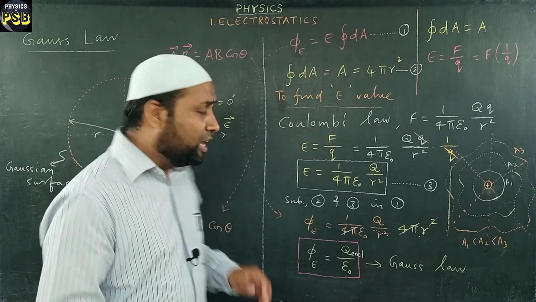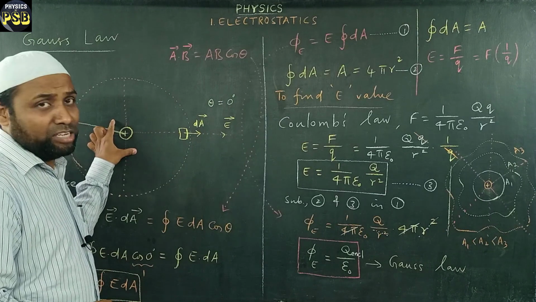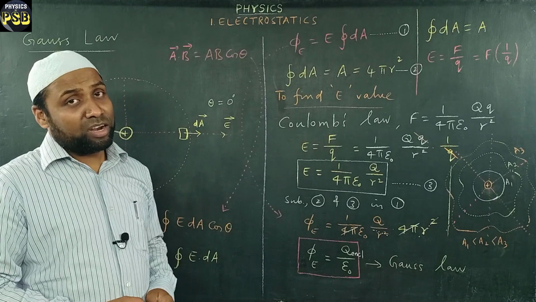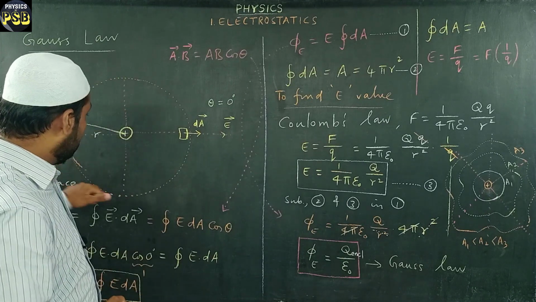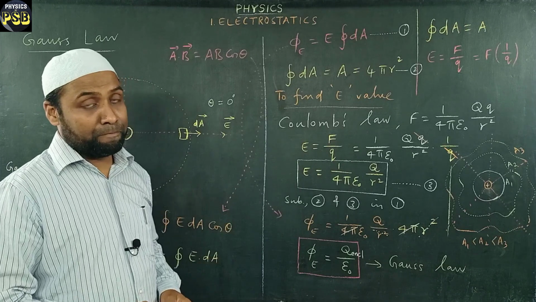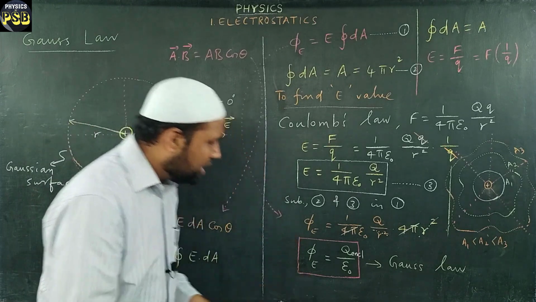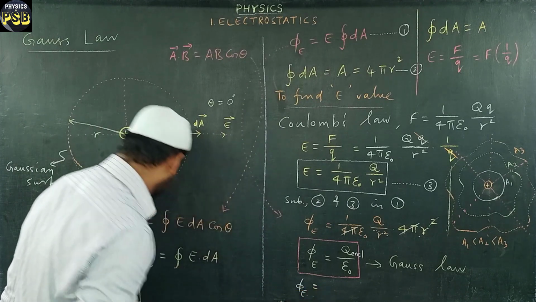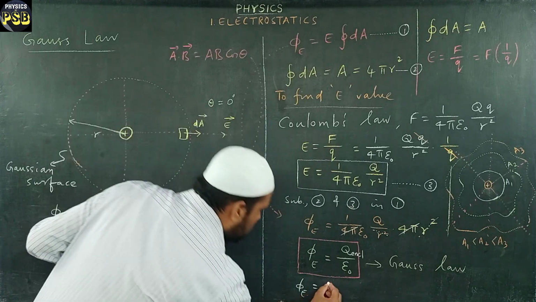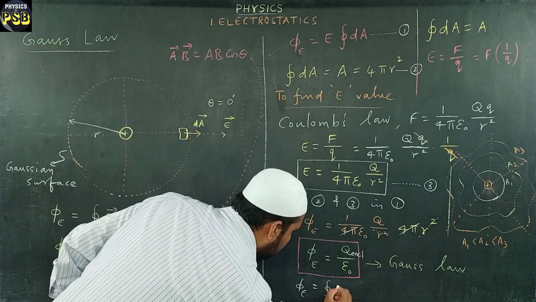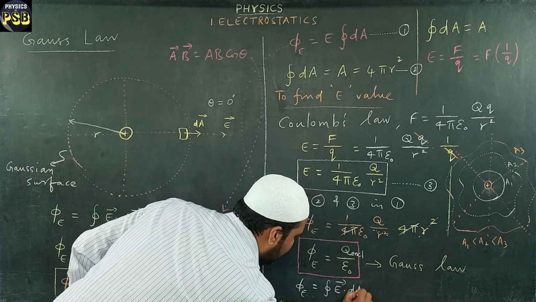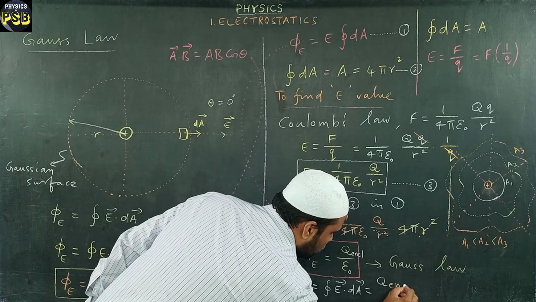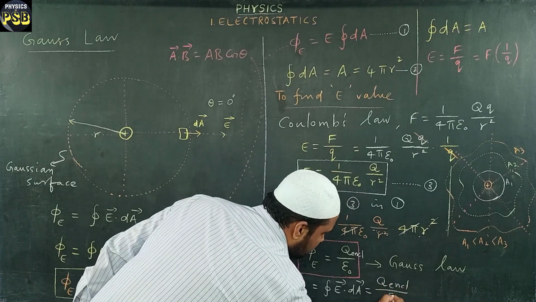So if I replace this charge with something else which is not spherical in shape, then the shape of the closed surface may vary. Now I rewrite the Gauss law something like this. 5E equals closed integral of E vector dot dA vector equals enclosed charge divided by epsilon naught.